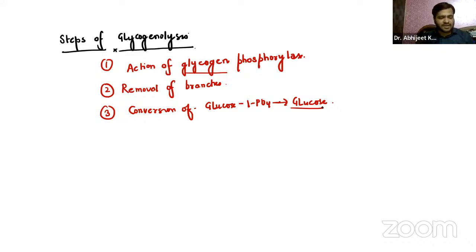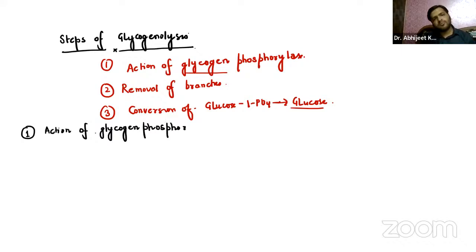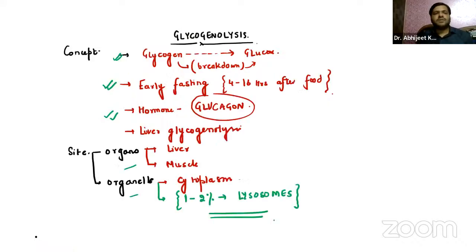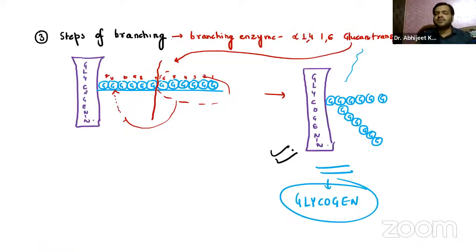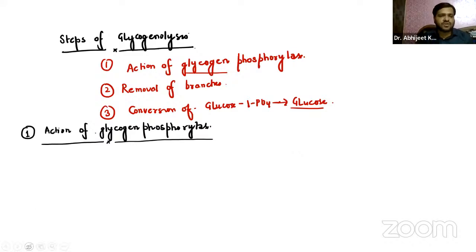Now let us discuss one by one all the important steps over here. The very first one is the action of glycogen phosphorylase. You already know where we left in the last. We left at this particular stage. Now let us draw the same stage over here.